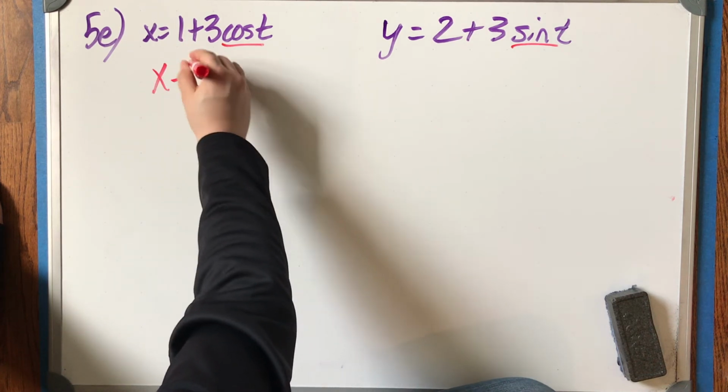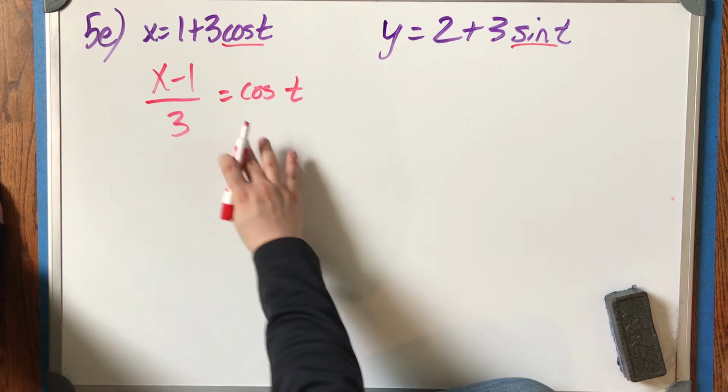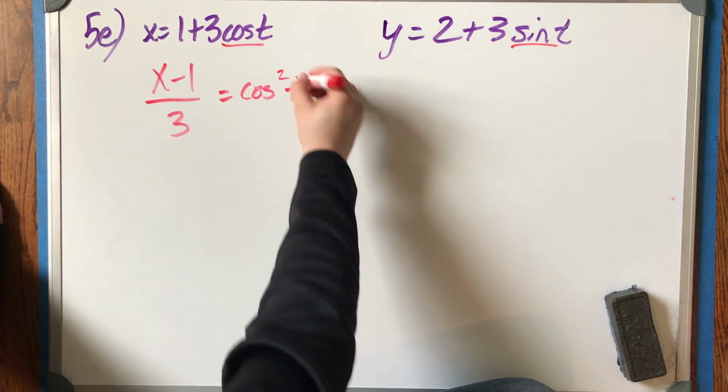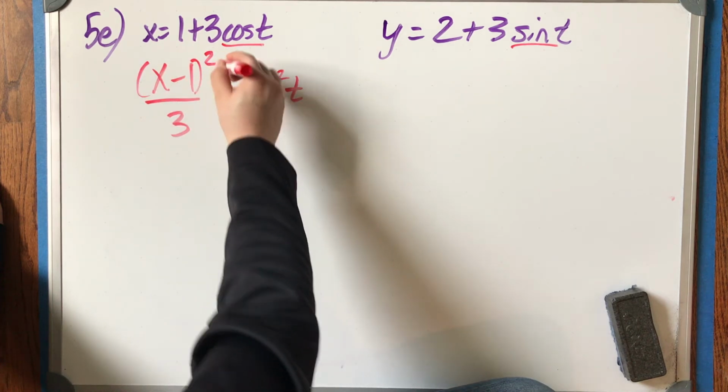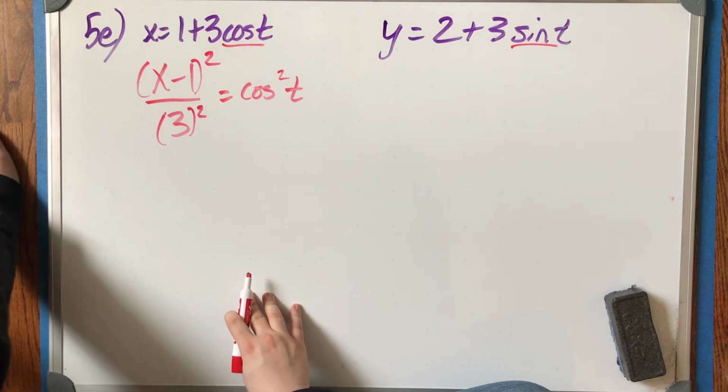So here I will subtract the 1 and divide by 3. That's what cosine equals, and I will just square both sides as well. That's going to give me squared, squared, and this is going to ultimately also become squared, and I'll write that as 9 later on.